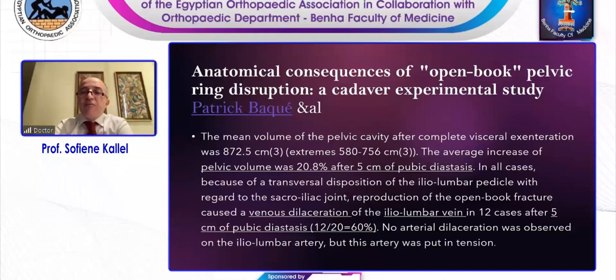In all these cases, because of the transversal dispersion of the iliolumbar pedicle with regard to the sacroiliac joint, the open book fracture caused venous laceration. There is venous laceration when the displacement is over 5 centimeters, and the iliolumbar vein has 5 times the risk of laceration, and with pubic diastasis of more than 5 centimeters there is 60% laceration of the veins. No arterial laceration was observed in the iliolumbar artery, but the artery was put in tension. Next, please.